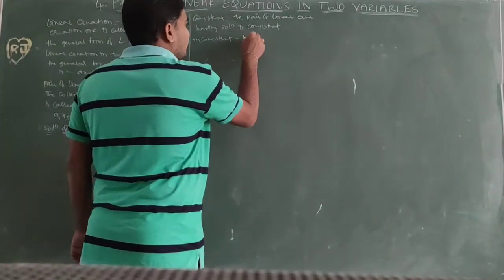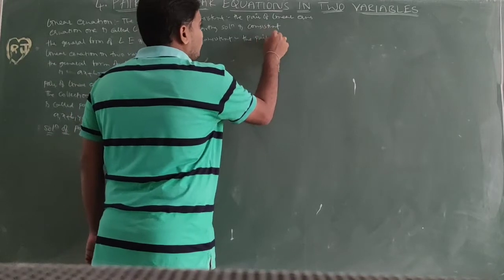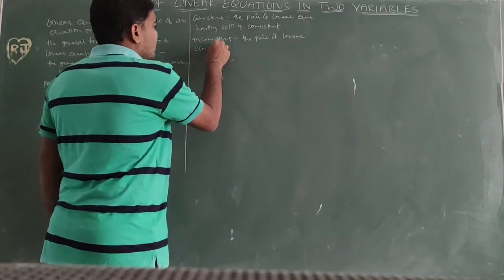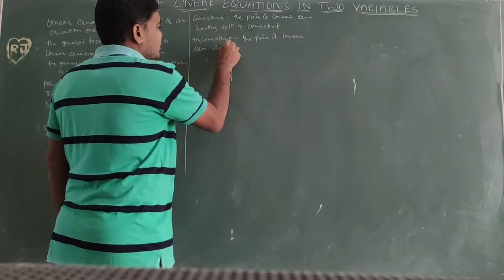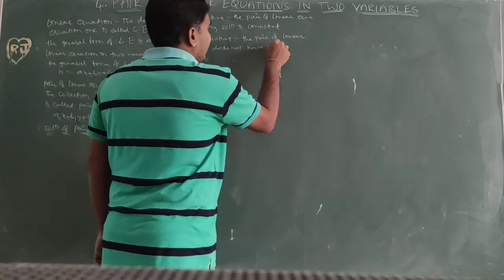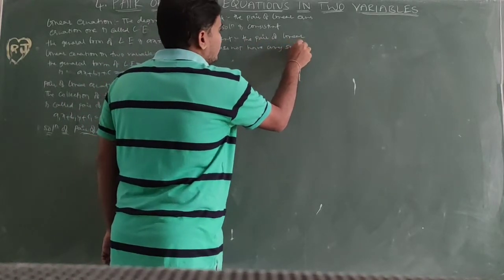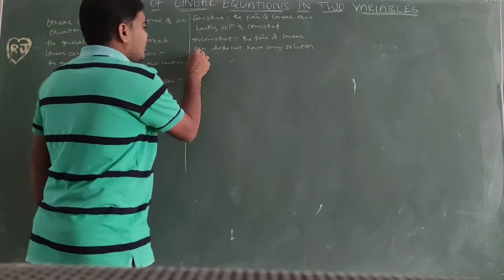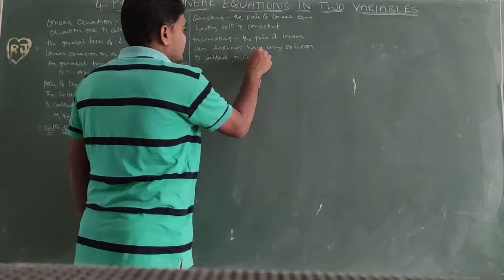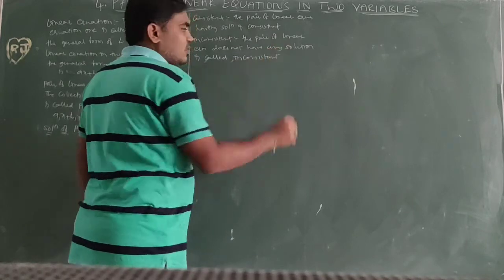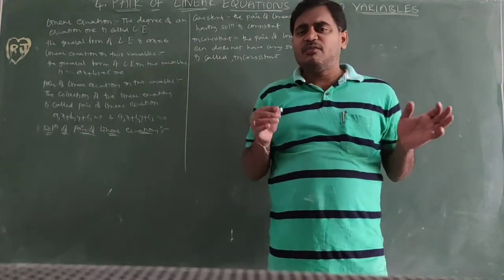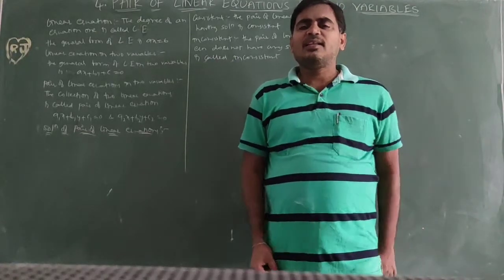A pair of linear equations that doesn't have any solution is called inconsistent.